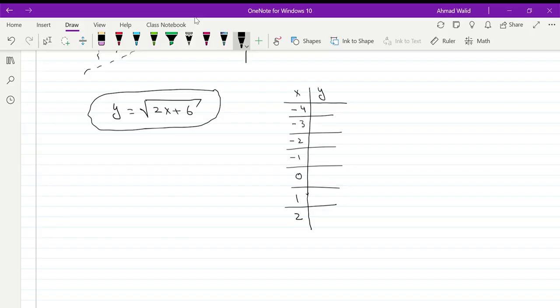Let's plug in these values of x in this function and calculate the value of y. y equals the square root of 2 times negative 4 plus 6, which gives you a square root of negative 8 plus 6, which gives you the square root of negative 2.